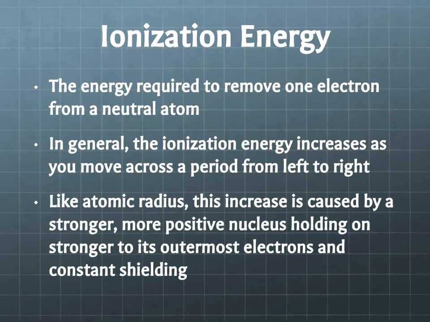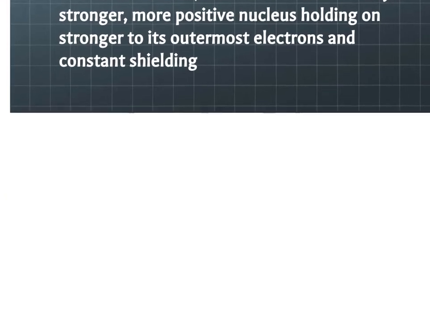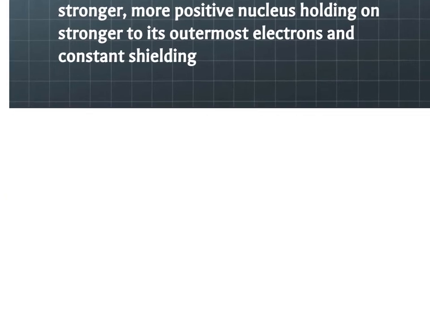So all of our other trends, we've got two more, fall back to that effective nuclear charge, that nuclear charge and shielding combo. So ionization energy is a new one, and ionization energy is the energy required to remove one electron from its neutral state. So that means I have an atom here.